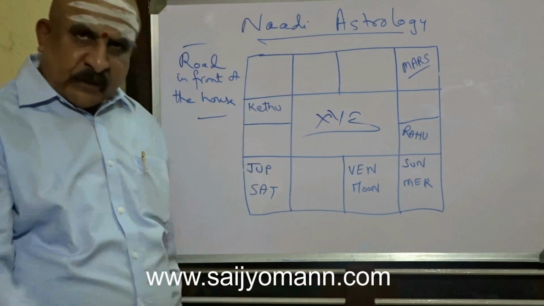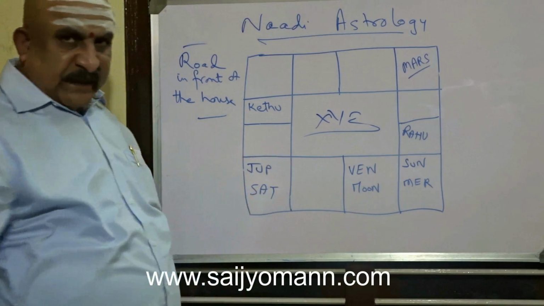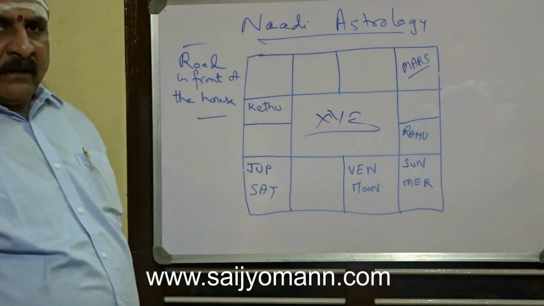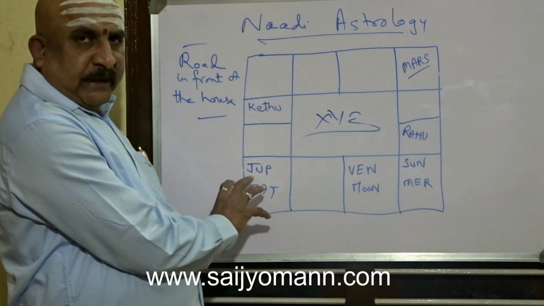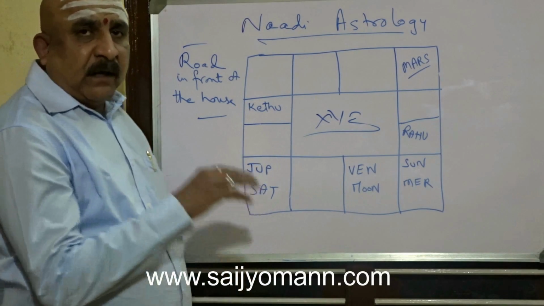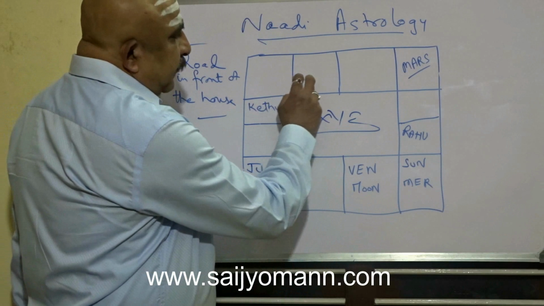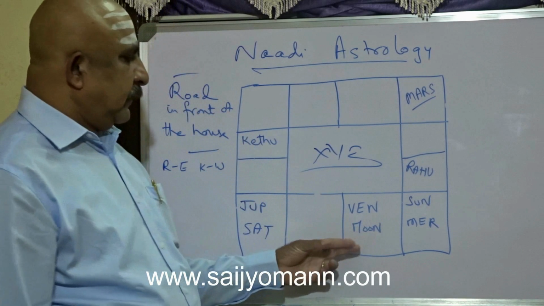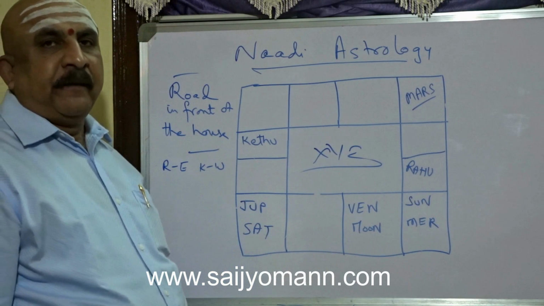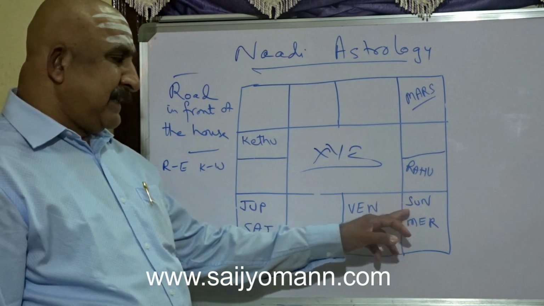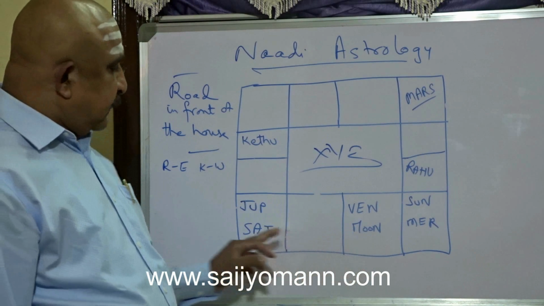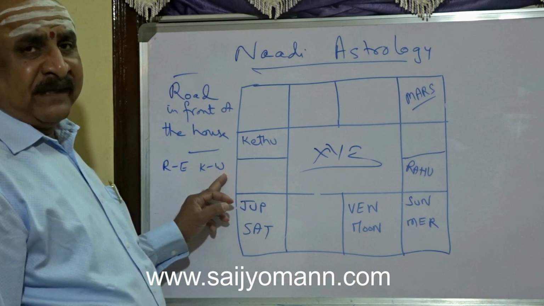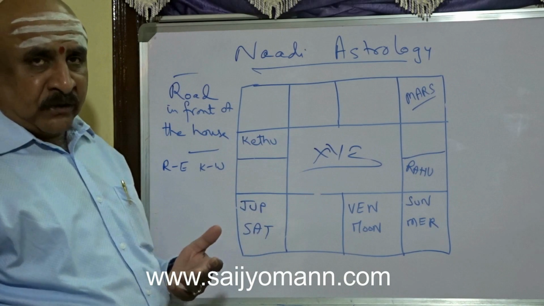This gentleman is born in a place which is forest-like or a mountainous region, and his house has a road running to the east, south, west, north. So Venus is there because Sun's Kutumbasthanam is just like Jupiter's Kutumbasthanam, which will be the second house in general astrology.